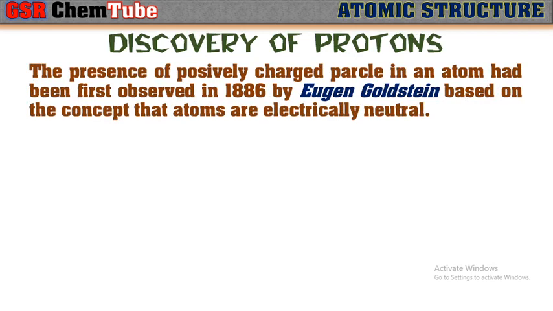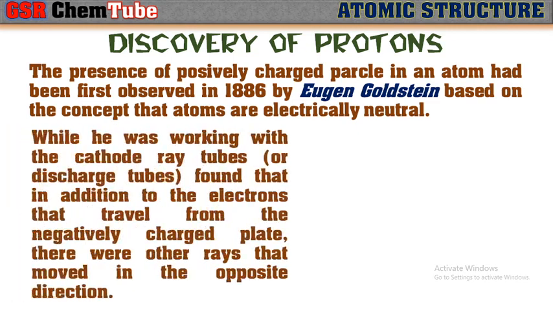The presence of a positively charged particle in an atom was first observed in 1886 by Eugen Goldstein. Based on the concept that atoms are electrically neutral, it means that since electrons, which contain negative charge, were already discovered, atoms should also contain some positively charged particles.